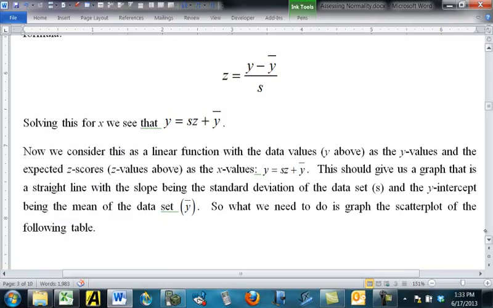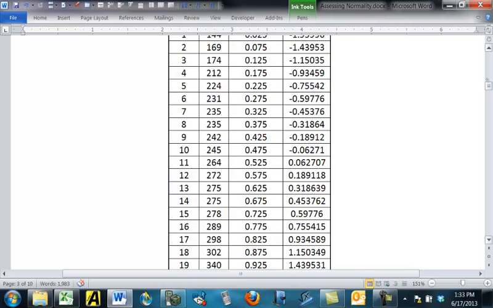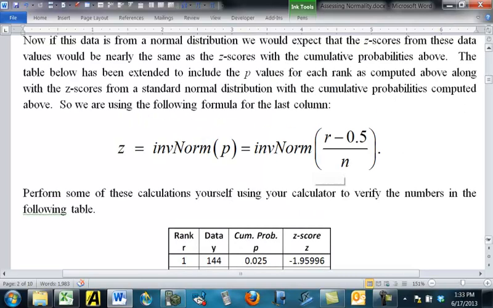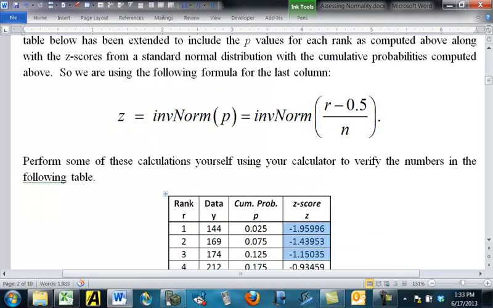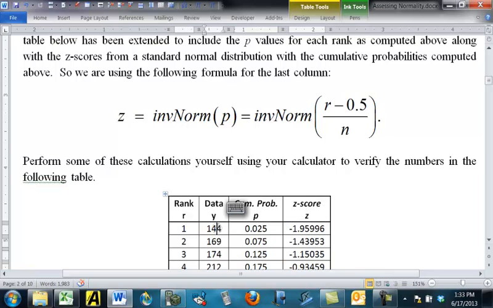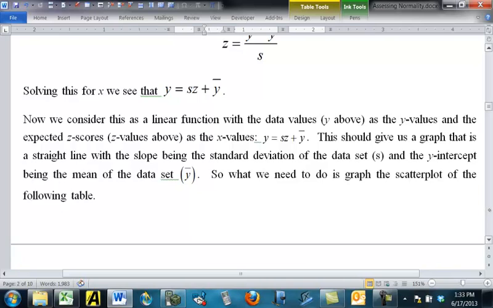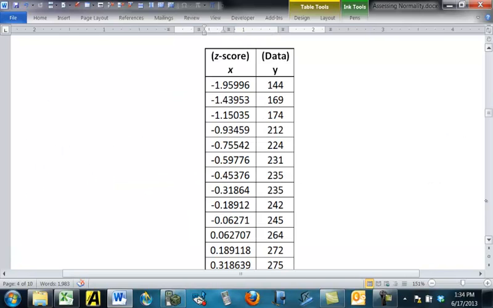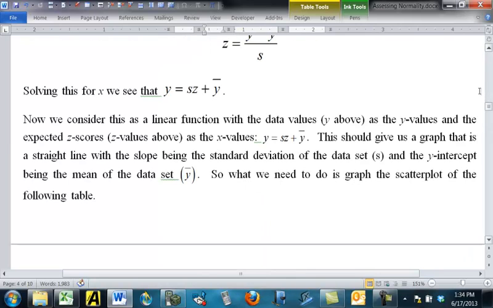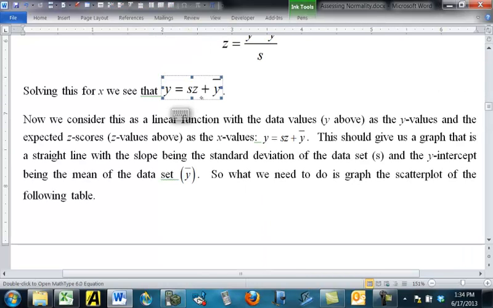So what it says, if we take a scatter plot with the x's being these expected z-scores that we just figured out, and the y's being the actual data values, here's the table down here with the x's and y's, then we can graph this as a scatter plot. What should we expect? Well, we should expect that line.